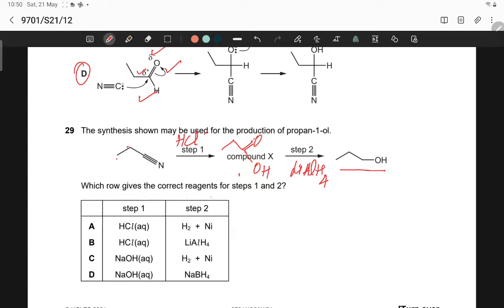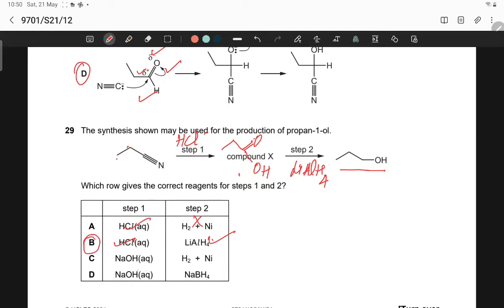Which row gives the correct reagents for step 1 and step 2? Step 1, aqueous HCl is correct, H2 and nickel is incorrect. HCl is the correct option and lithium aluminium tetrahydride is the correct option. So this is correct.